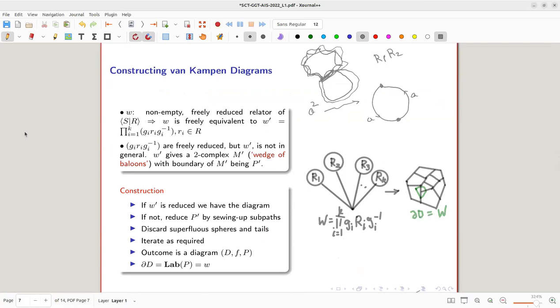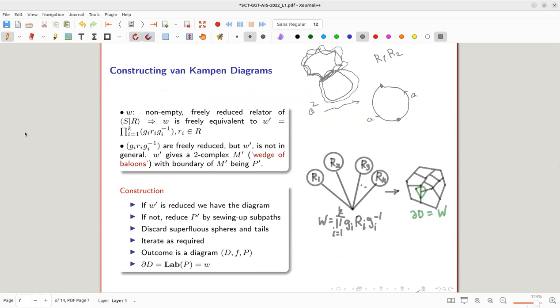Okay, one thing I forgot. Essentially what I am following as a reference is the book by Lyndon and Schupp, called Combinatorial Group Theory, and the fifth chapter is called Small Cancellation Theory.